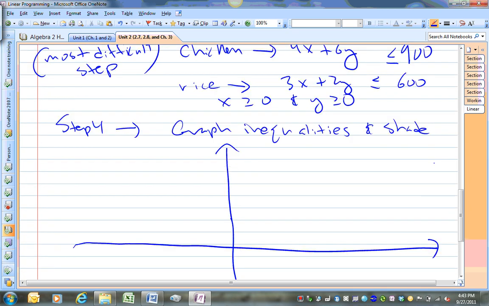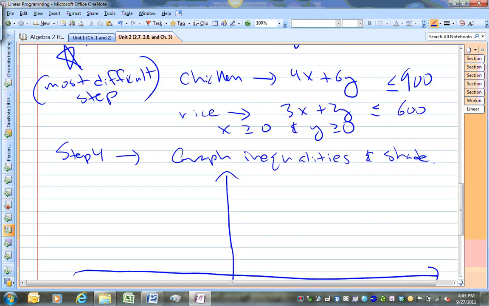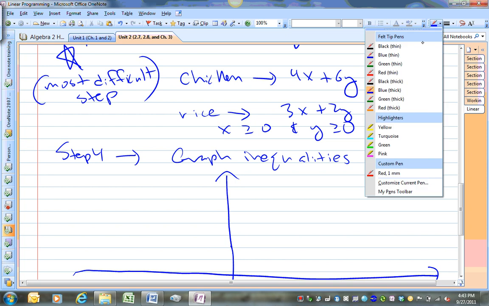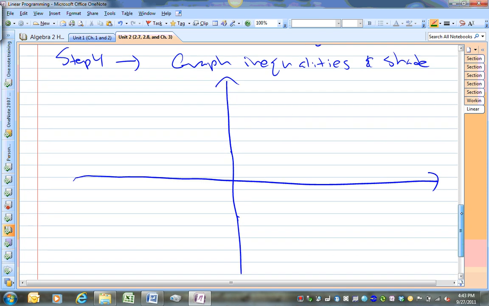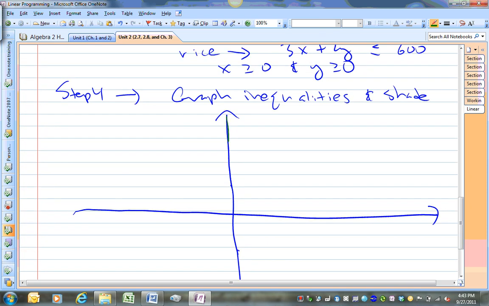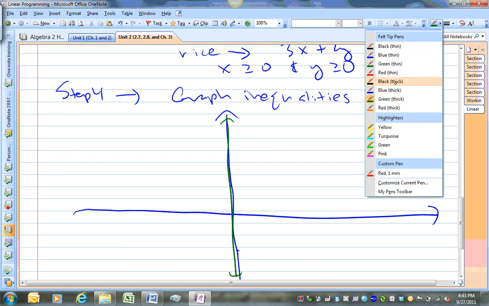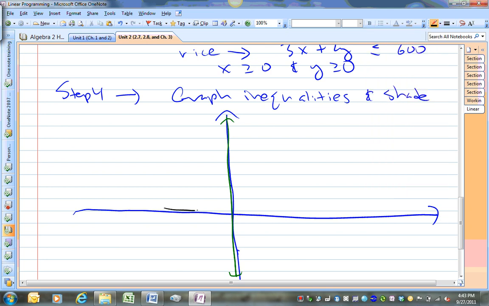Now, remember, x is greater than or equal to 0, so we have to say this. X greater than or equal to 0 is that. Y greater than or equal to 0 is that. That's just the x-axis.